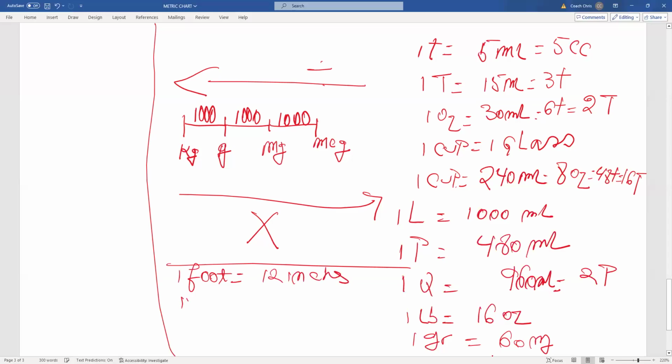We learn that 1 inch equals how many centimeters? You multiply by 2.5 centimeters. We learn that 1 centimeter equals how many millimeters? You multiply that by 10 millimeters.